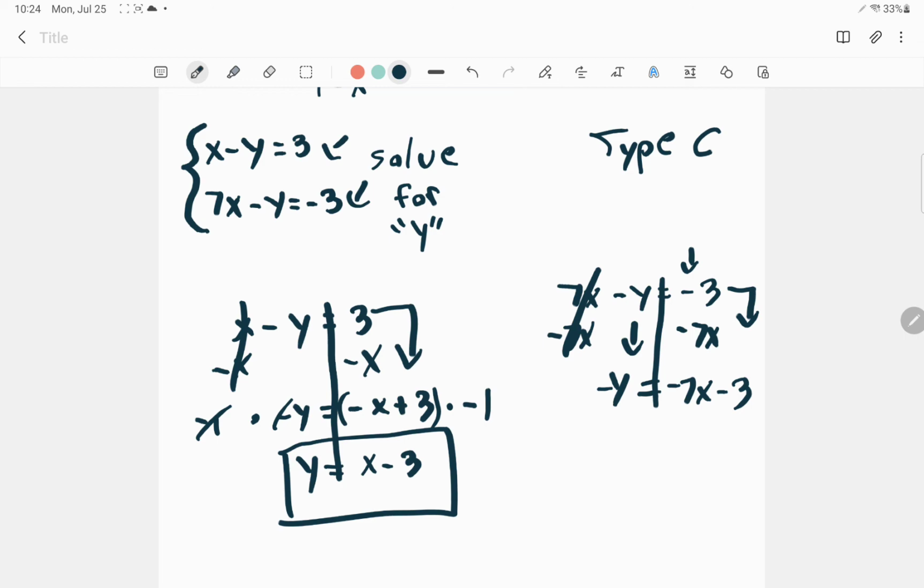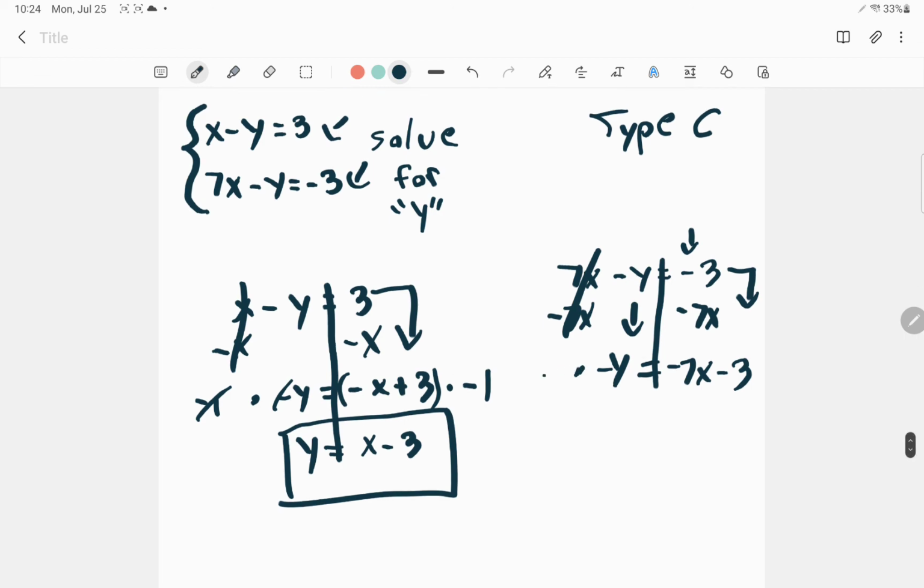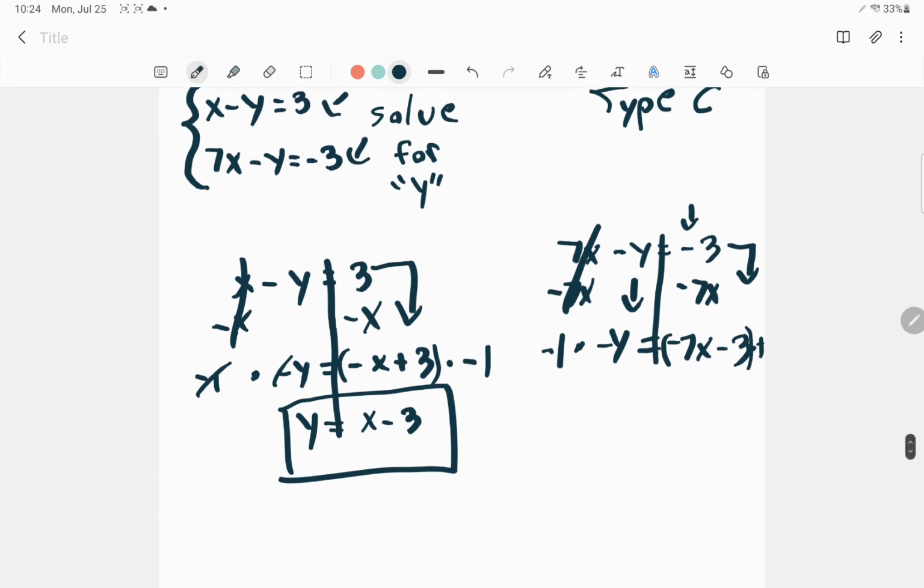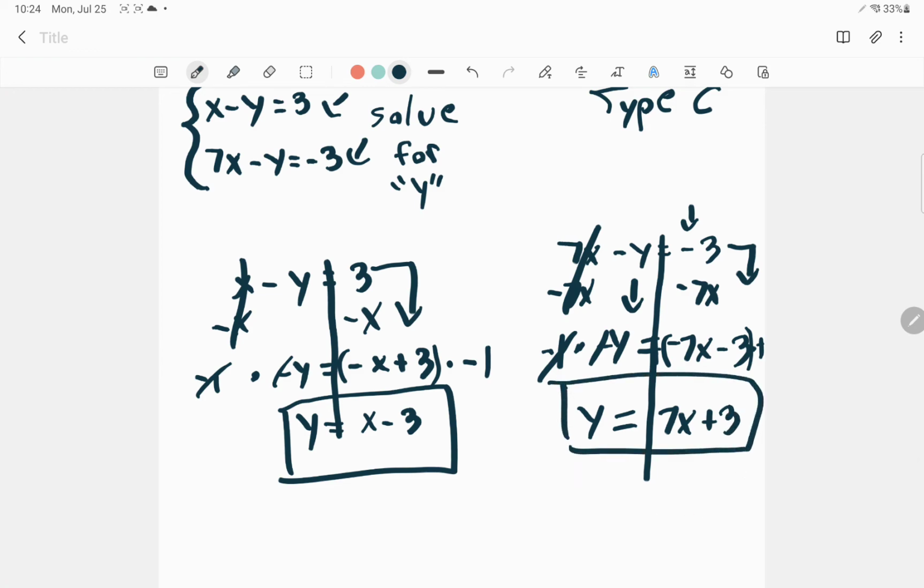There we go. Now, on both sides, we're going to divide by negative 1. Negative 1, but remember, this is in parentheses because you have to multiply the whole thing. So those two cancel out. y is equal to positive 7x, right? Because the sign changed. Plus 3. And that's my answer for the second one.